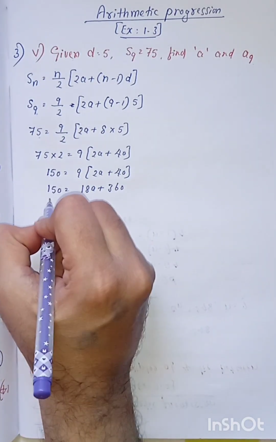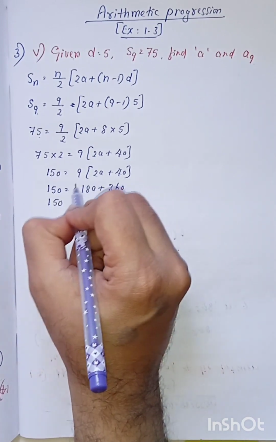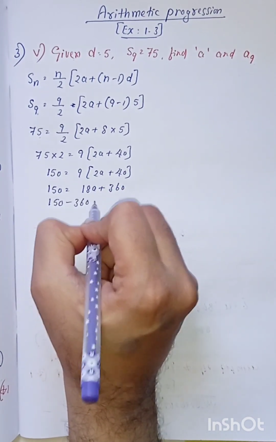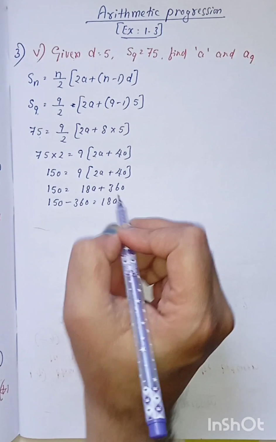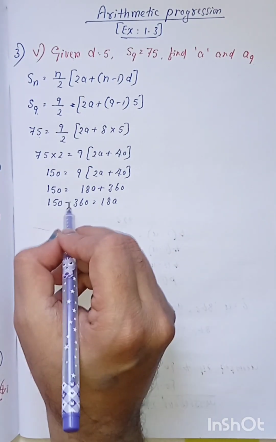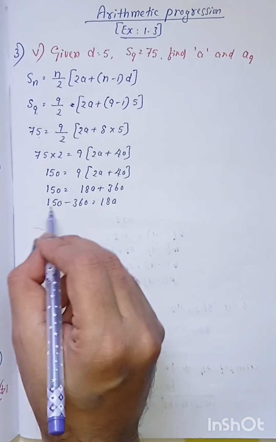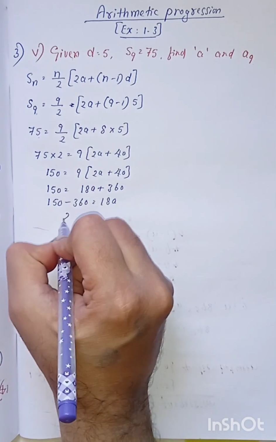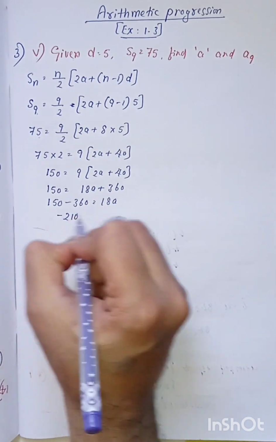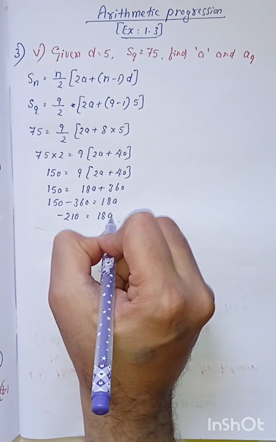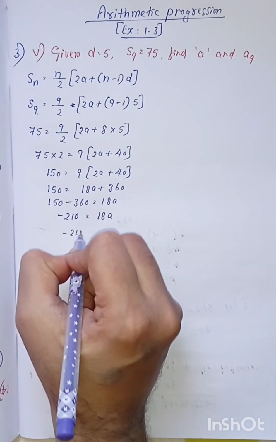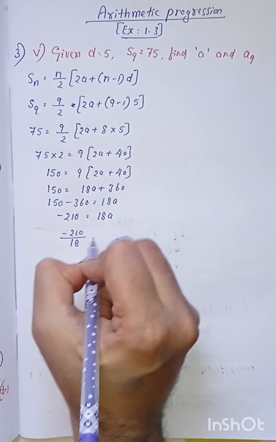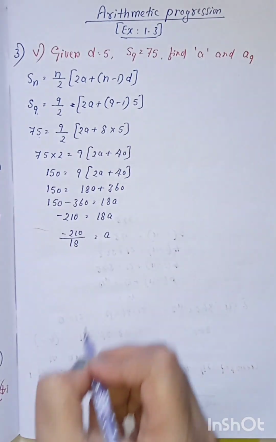Now 150, bring 360 here, minus 360 equals 18a. 150 minus 360, unlike sign we have to subtract. If we subtract this we will get 210, big number sign, minus equals 18a. Then minus 210 by 18 equals a.